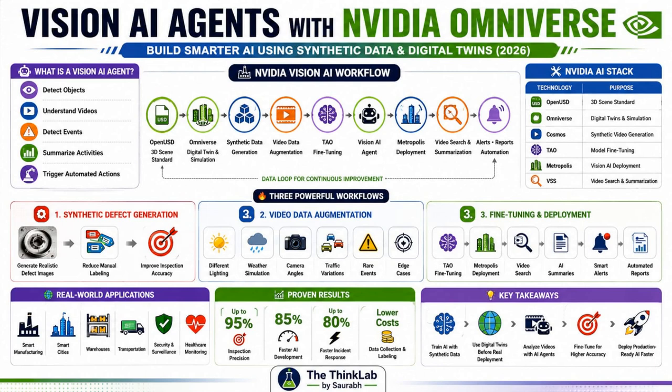So let's explore some real world applications. In a smart factory, AI detects defective products, monitors machines, predicts equipment failure, and improves production quality. In a smart city, AI manages traffic, detects accidents, controls traffic signals, and improves public safety.